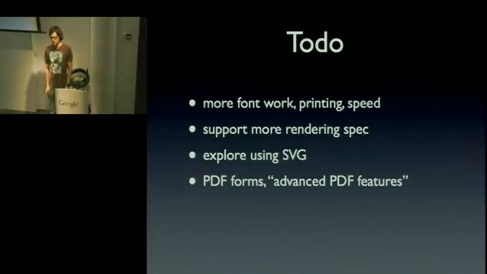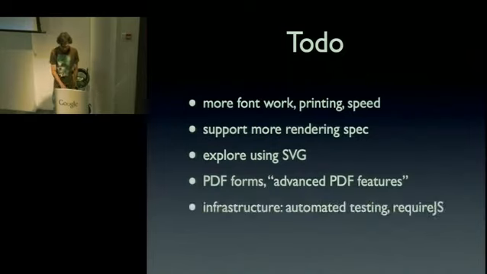Then there are more advanced features than just rendering. You can have PDF formulas or 3D graphics and crazy stuff. PDF forms is something you might look at in the future, and the more advanced stuff we've got to see how it fits.